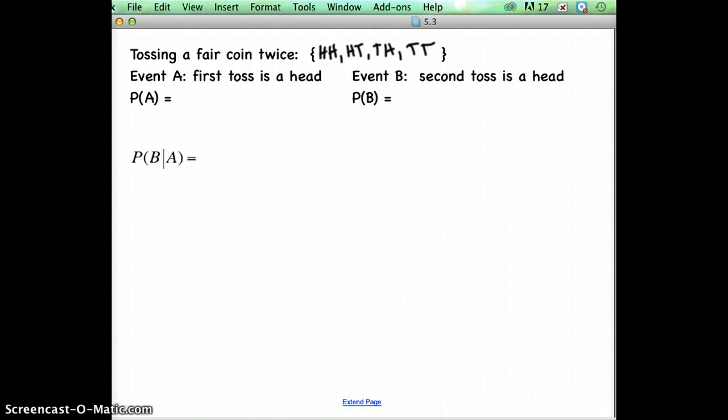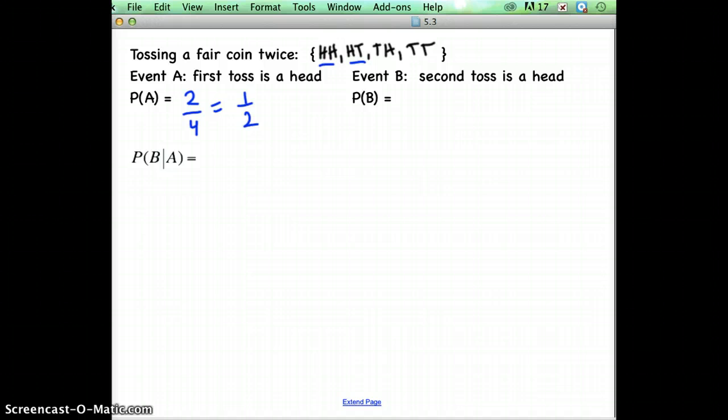So let's say that event A is that our first toss is a head. What's the probability that your first toss is a head? Here's one where the first toss is a head, and here's another. That's 2 out of the 4 possibilities, which reduces down to 1/2. What's the probability that the second toss is a head?